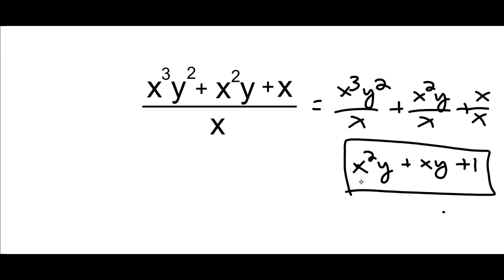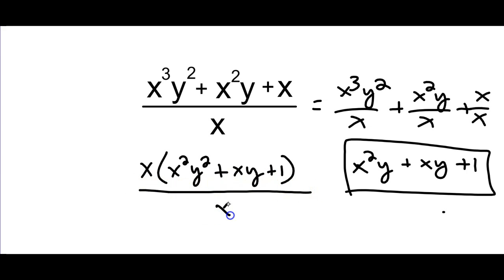Another way you can do it is factor out an x in the top. Now we haven't really talked much about factoring, but as far as this step goes, it's kind of like the reverse of distribution. You notice that each one of these has an x in common. So if I write down an x and then divide each one out by x, this piece divided by x is x squared y squared, plus this piece divided by x gives you xy, plus this piece divided by x gives you 1.